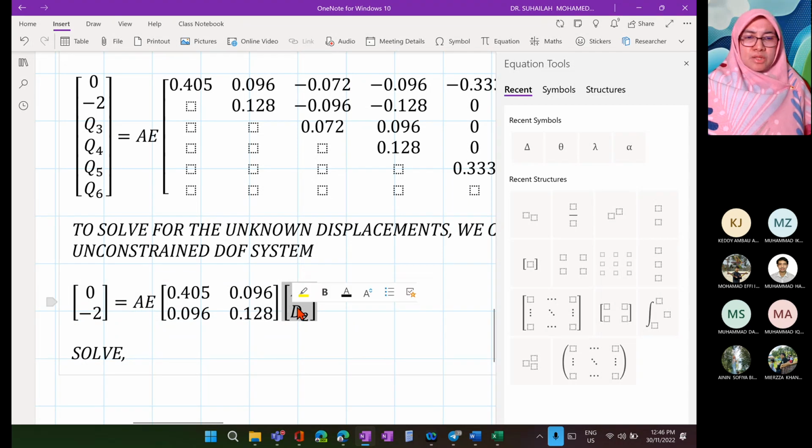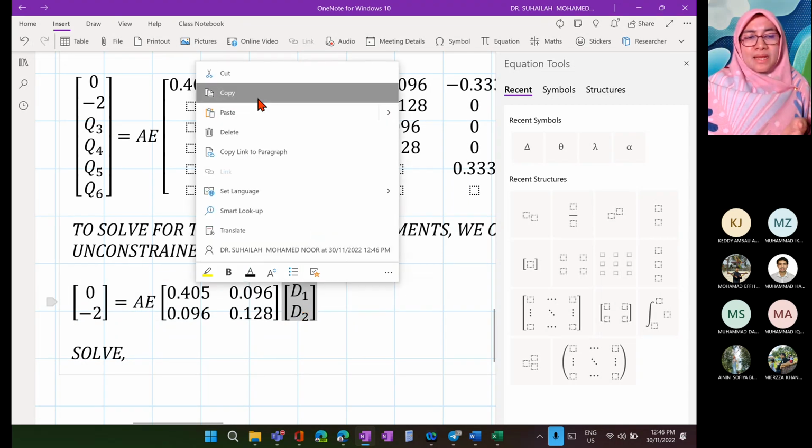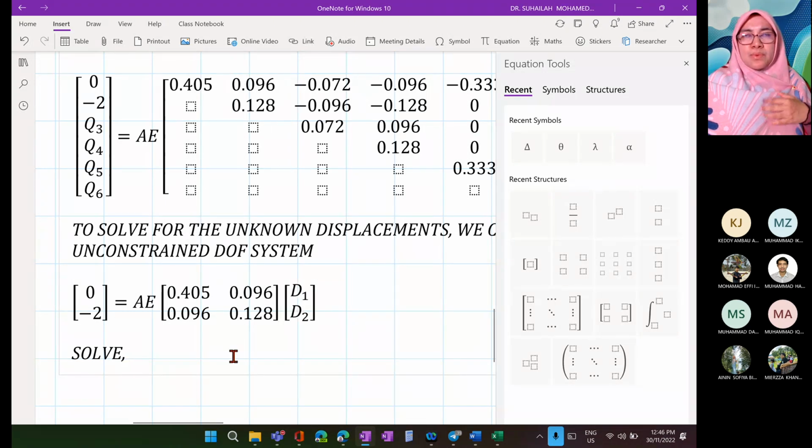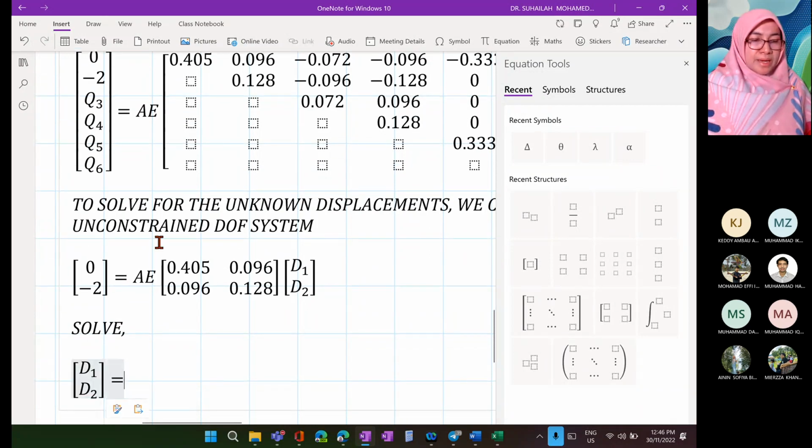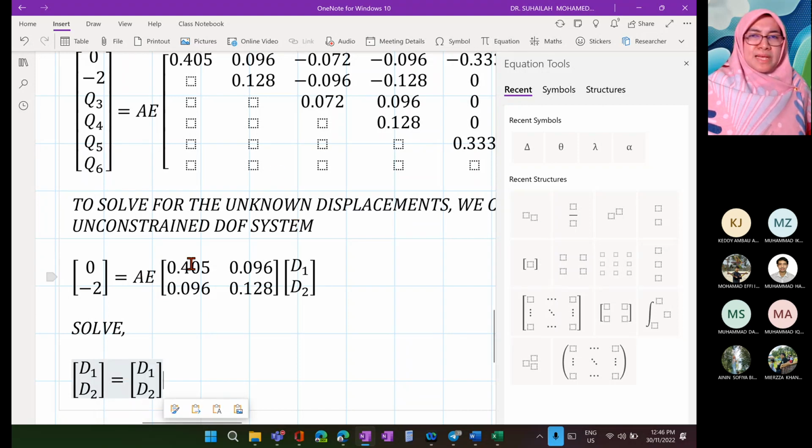We get D1 and D2. If we don't have AE, it doesn't matter. We will get D1 and D2 in terms of per AE. Please key into the calculator. A1 is 0.405, B1 is 0.096, C1 is 0, A2 is 0.096, B2 is 0.128, and C2 is negative 2.